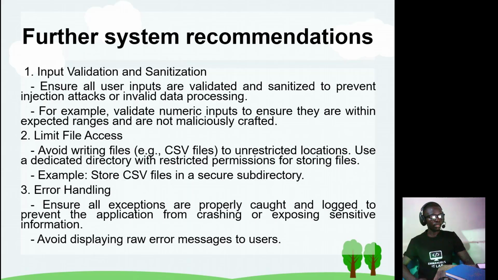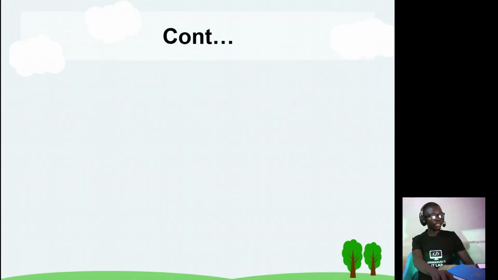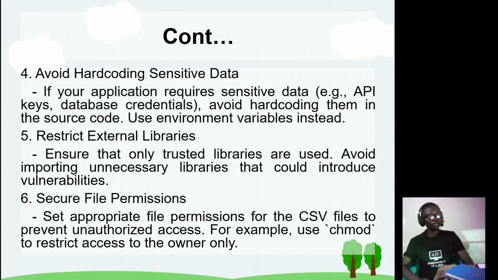Also error handling, ensure all exceptions are properly caught. Other recommendations include avoiding hard coding sensitive data. If your application requires sensitive data such as API keys or database credentials, avoid hard coding them. Then restrict external libraries. Ensure you only use trusted libraries.